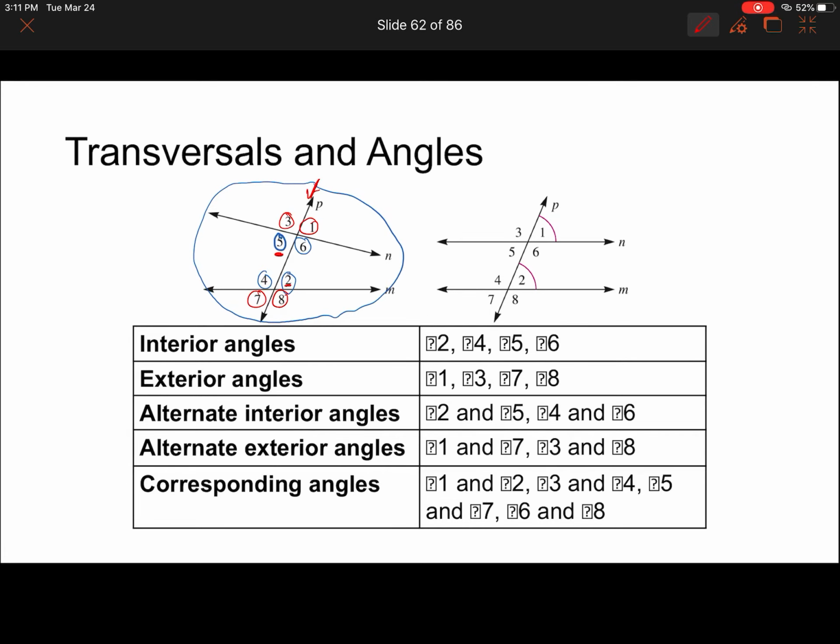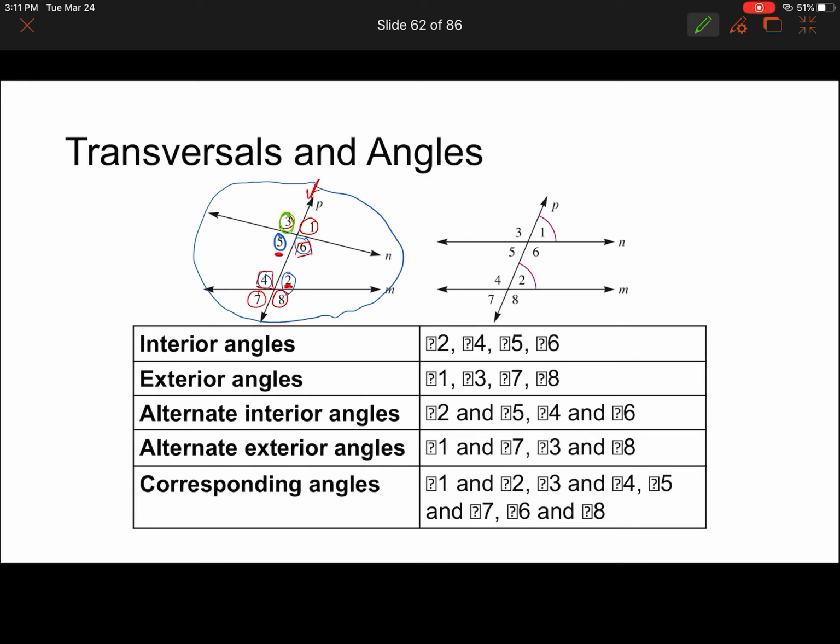Okay, that's the transversal. We also have some other angles. We have what we call alternate interior angles, which would be the 5 and 2 and the 4 and 6. Those are alternate interior.